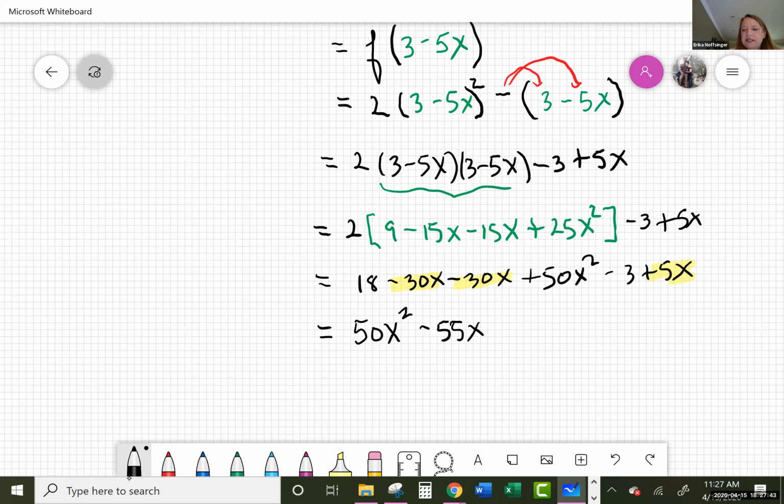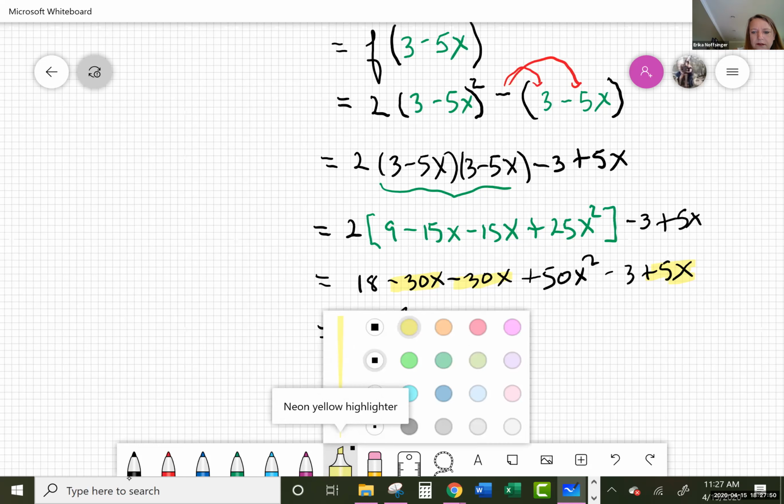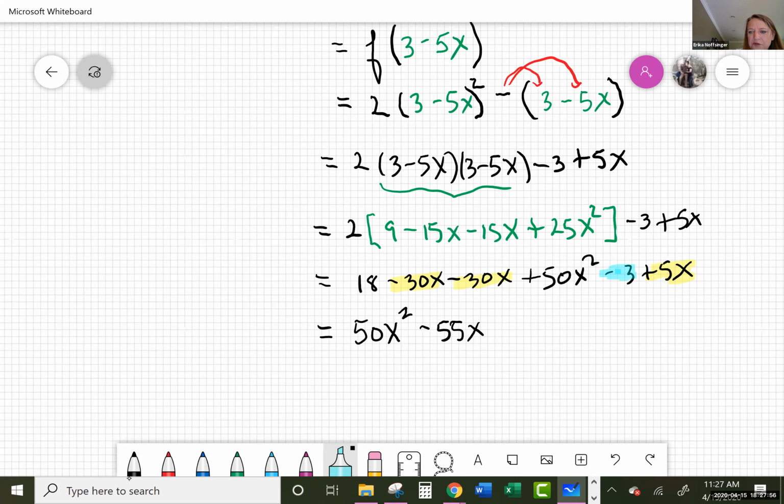And then constants. I want to change my color. I have negative 3 plus 18. So that's going to give me a positive 15.